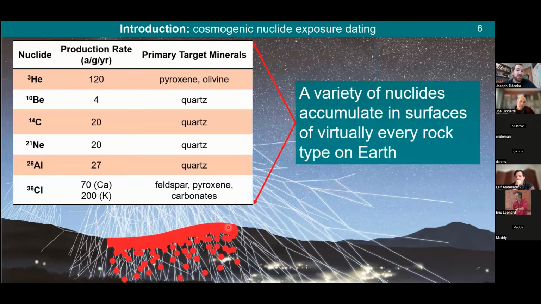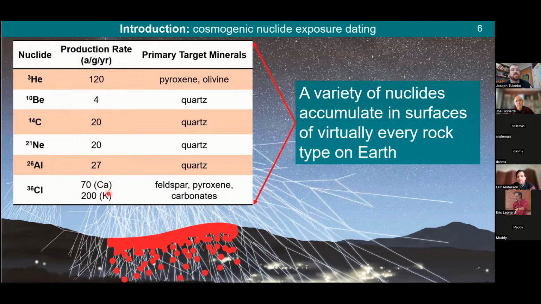And there are a variety of nuclides that we measure in the community that are produced from cosmic ray interactions. The list is here. So we have helium-3, beryllium-10, C14, among others. And through a lot of empirical work and theoretical work, we've been able to constrain the production rates of these nuclides in the rock surfaces through time.